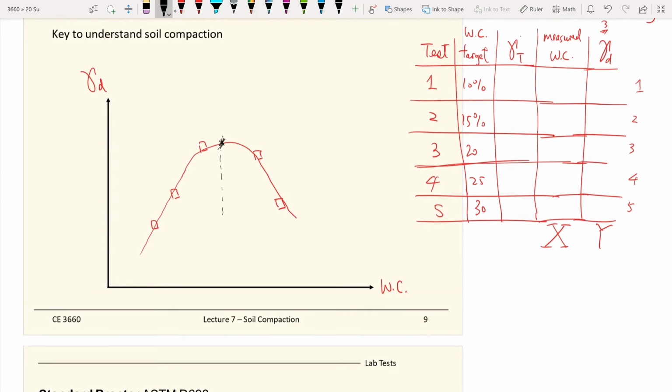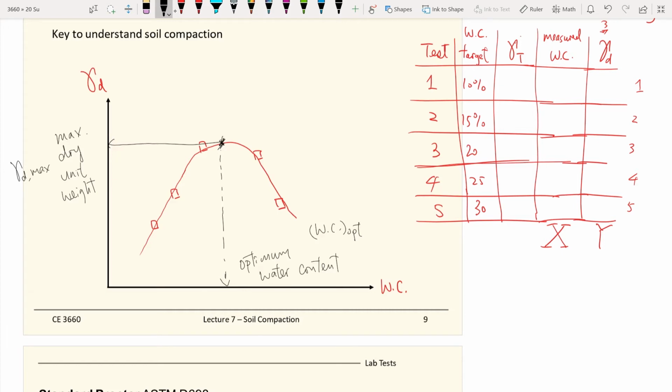The x coordinate of this maximum point gives you the optimum water content, and the corresponding y-axis reading gives you the maximum dry unit weight, the gamma d max.